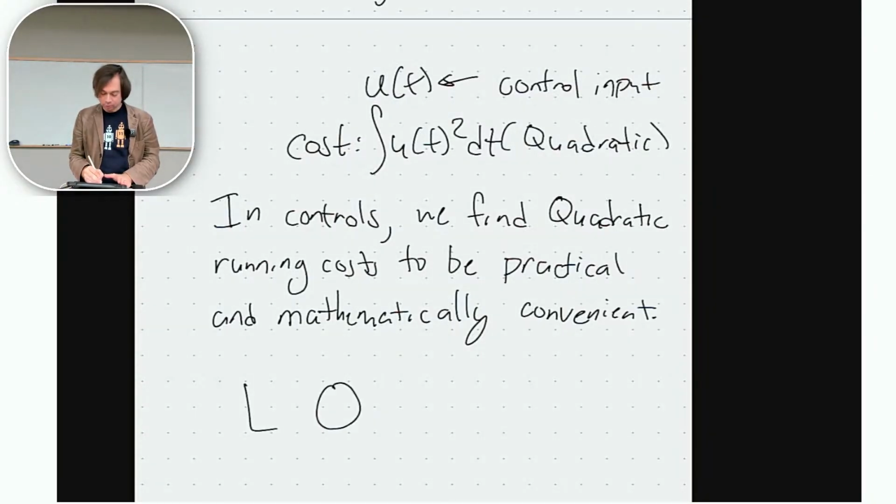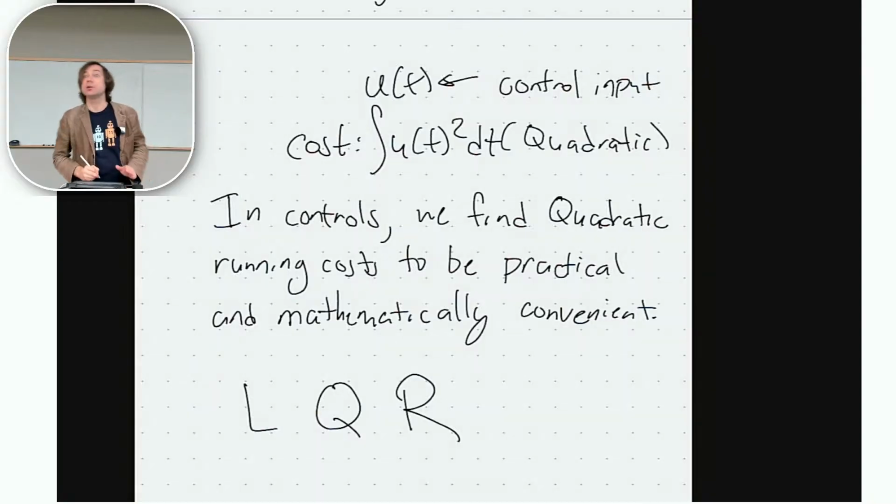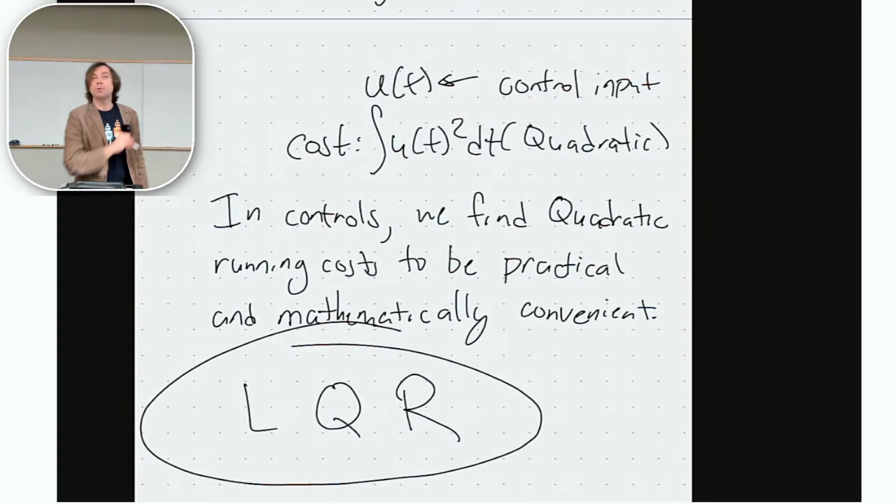Linear, quadratic, regulator, LQR. One of the principal approaches to optimal control. Now, we will be dealing with many nonlinear systems, and many nonlinear systems that we won't even linearize and still control. We will be dealing with non-quadratic costs. Notice I didn't even talk about constraints. We will deal with them in the course. But LQR, in this case, is amazing.